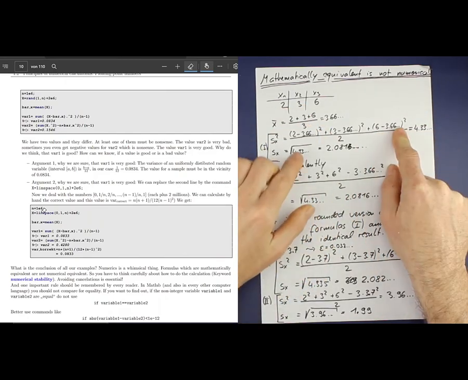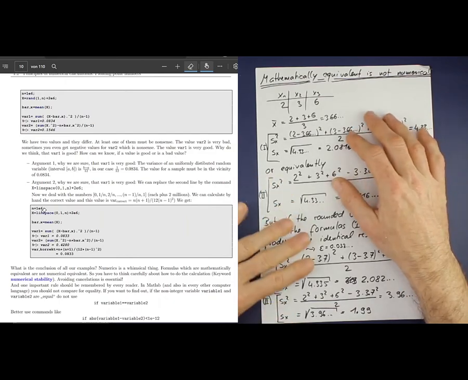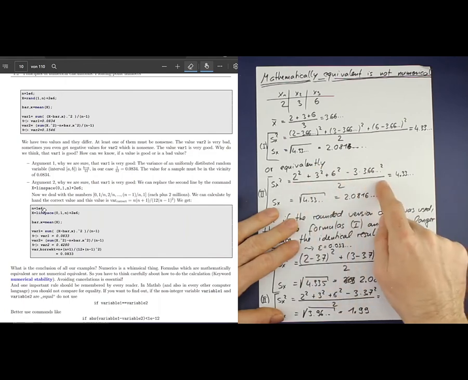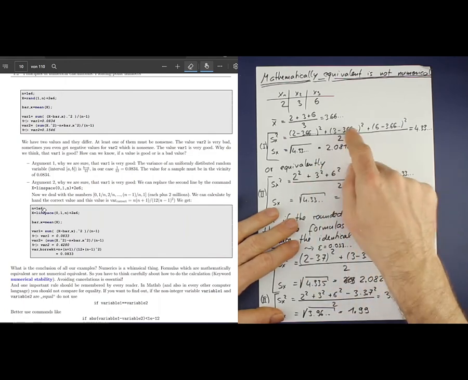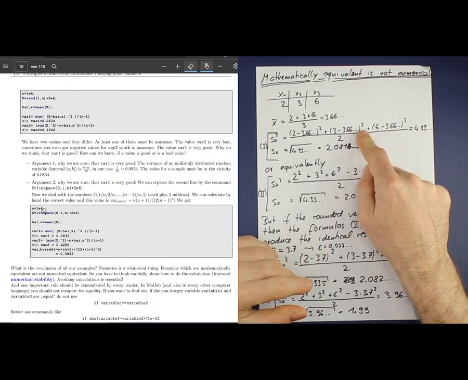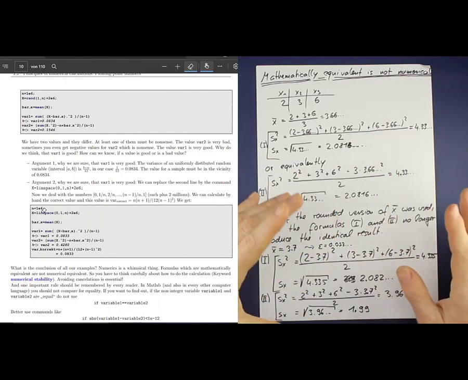The better idea is don't blow up the numbers, and so it's more or less clear that this is the worse idea to calculate the variance than that idea being in a numerical situation. Okay? I hope this became clear. I hope this was not too complicated.